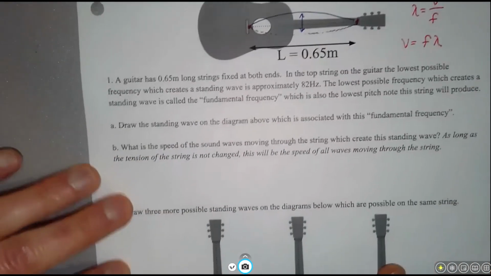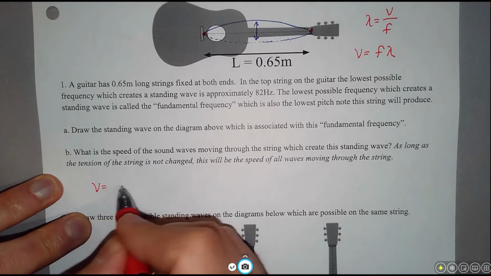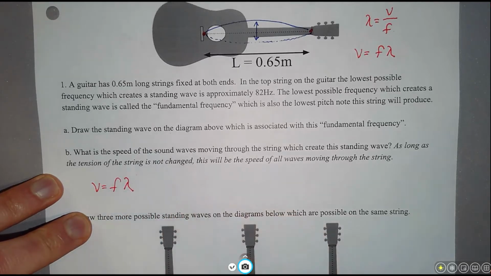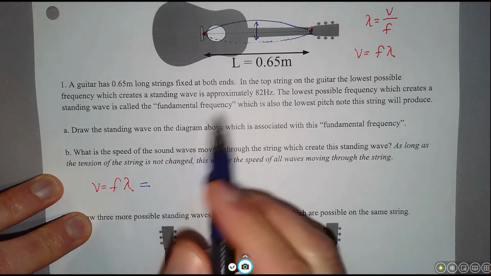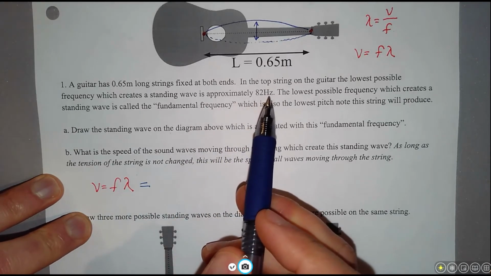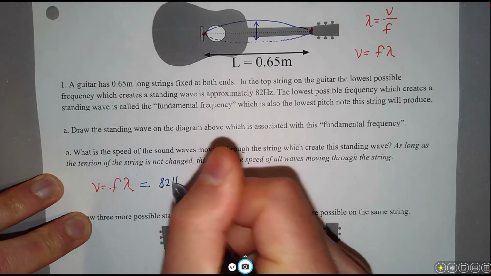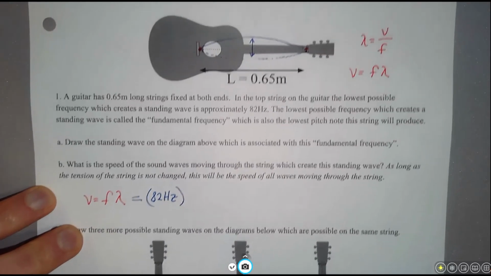So we can calculate the velocity of the waves moving through there if we just take the frequency of the wave multiplied by the wavelength of that wave. Well, we said for the fundamental frequency, the frequency of the note that gets created by that is 82 Hz, which means the frequency of the waves that create that standing wave are also 82 Hz. So we multiply our 82 Hz times the wavelength.